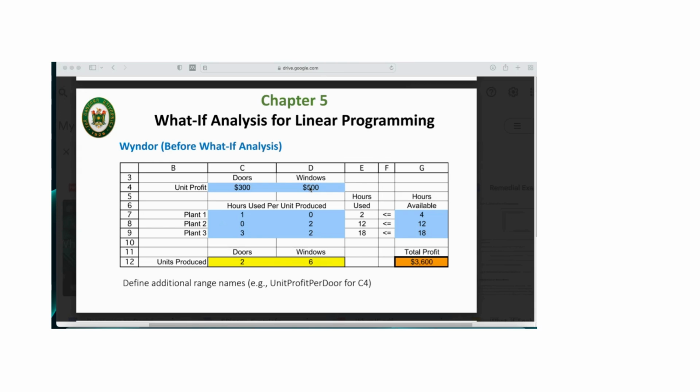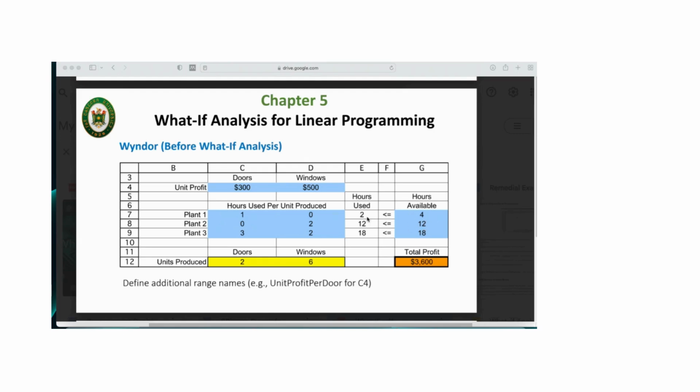Now, the other kind of parameters are located, as I have mentioned earlier, in the right-hand side of the functional constraints. The functional constraints are here, this one. We have hours used less than or equal to hours available.